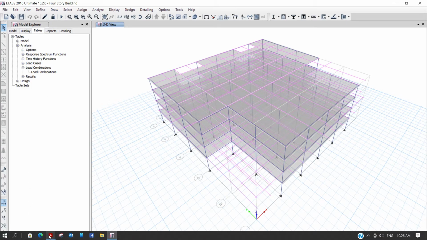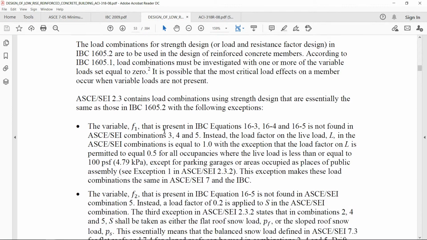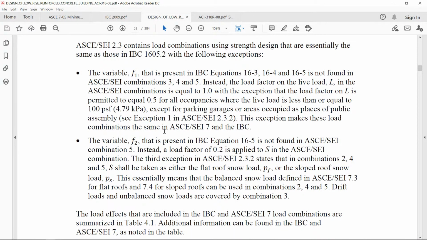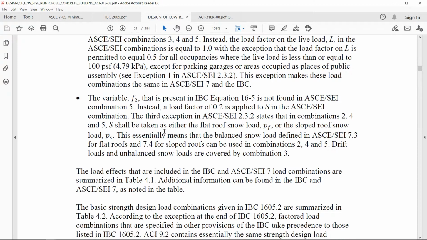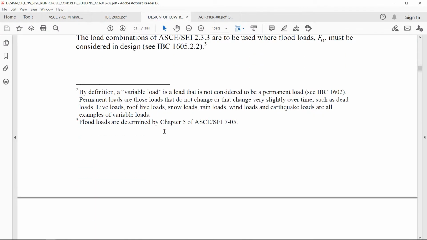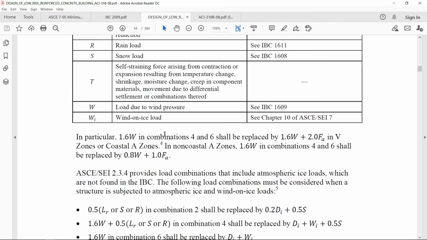So let's go back to the problem. Now all the loads are defined over here and the load combinations are there.